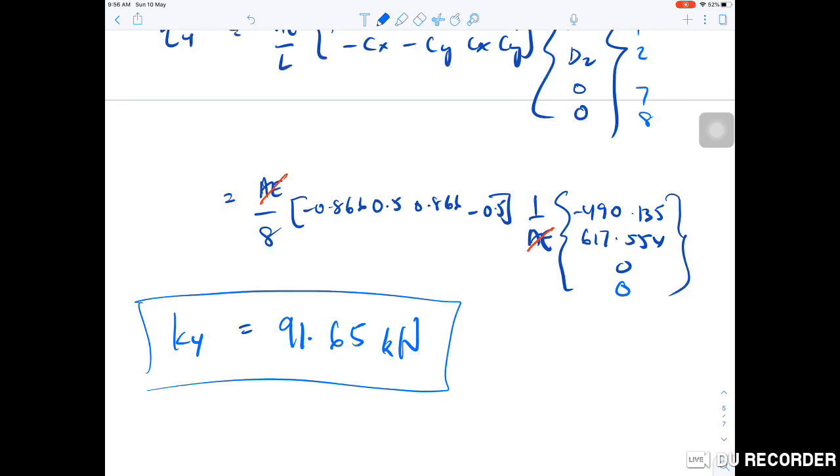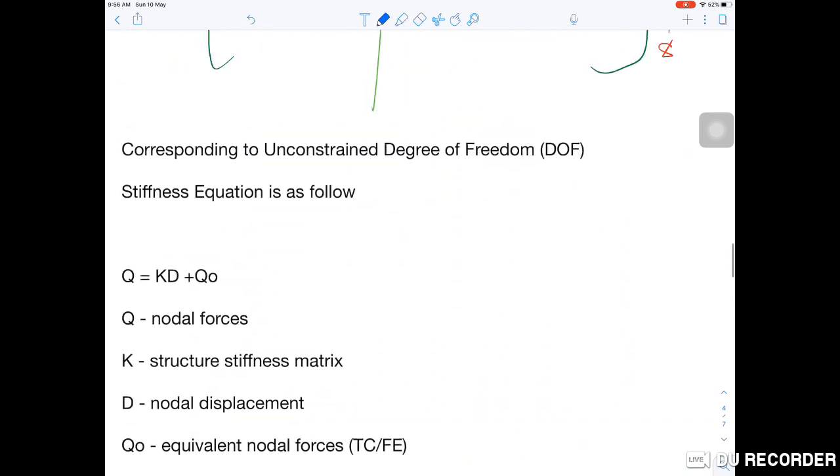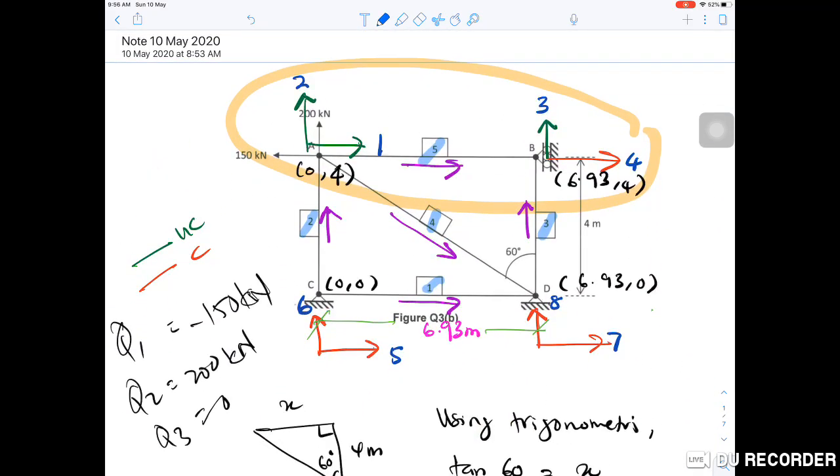So basically this is how we analyze truss, the basic truss analysis. Okay, I want to revise back. This is the truss question.